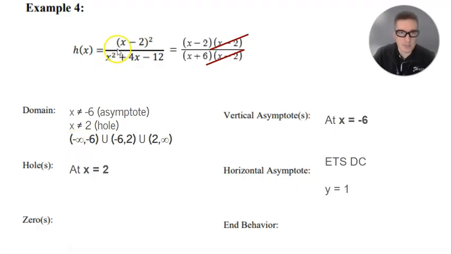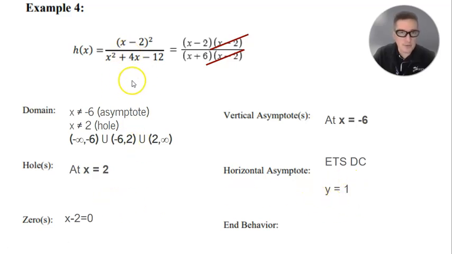Because the degree in the top part of the polynomial is squared, and the degree in the bottom part is squared, that is each the same, divide the leading coefficients of these terms right here, which is 1 divided by 1, so we're going to have a horizontal asymptote at y equals 1.